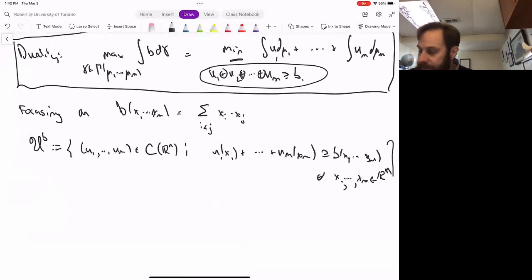And so I'd like to argue that just as in Brenier's problem, I can take all of these ui's to be convex.